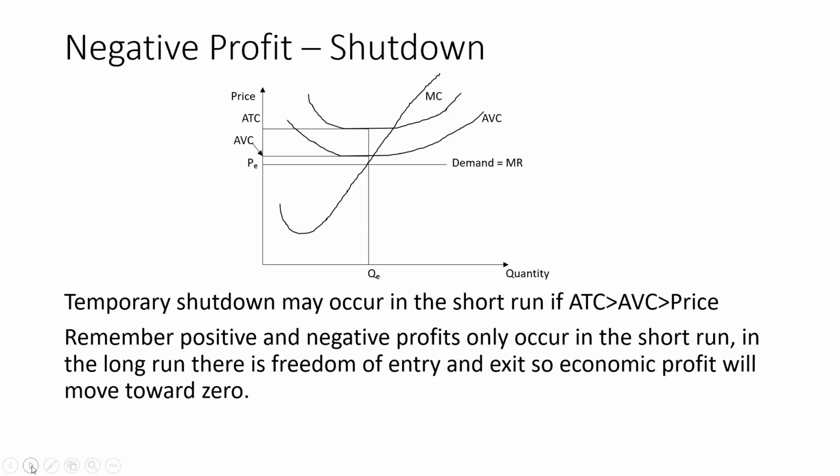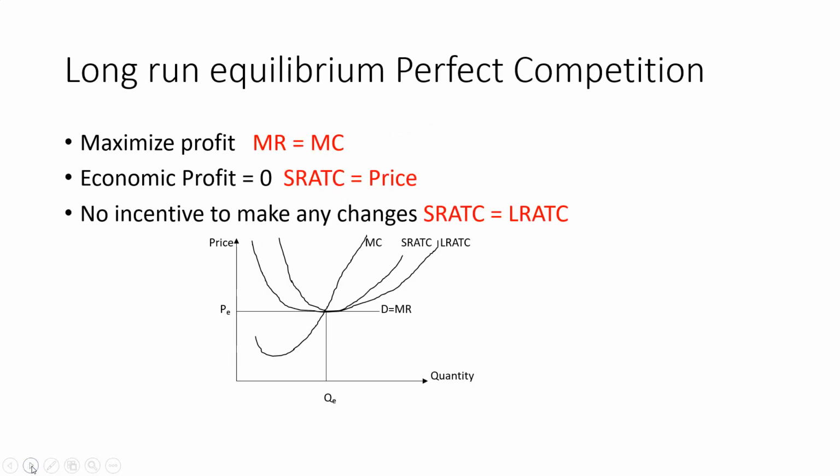Three things have to occur in order for you to know you are in equilibrium in the long run under perfect competition. The first is that you have to maximize your profit. And we know we've maximized our profit if we're producing at the point where our marginal revenue equals our marginal cost. The second thing that has to occur is that we have a zero economic profit.